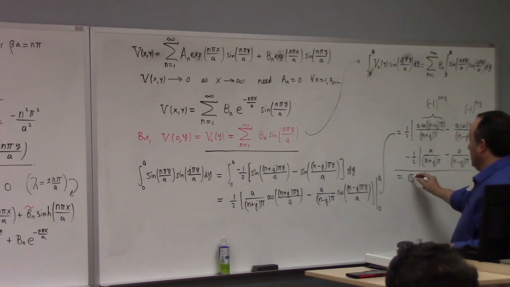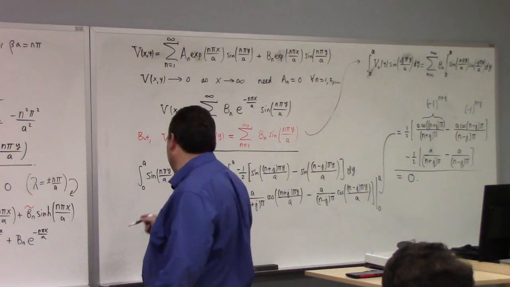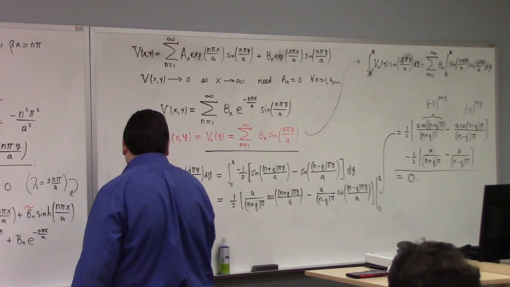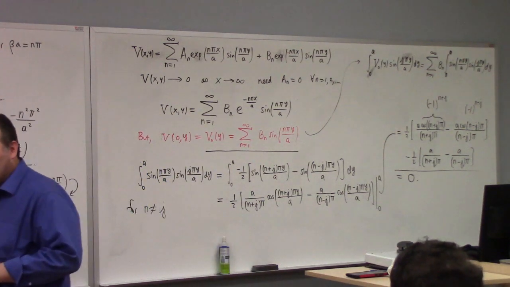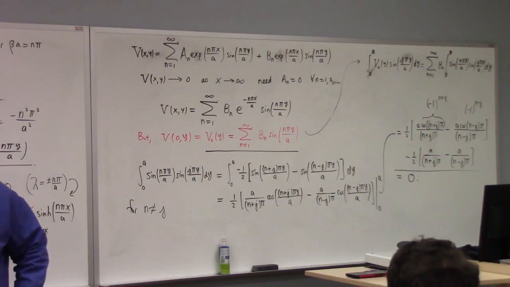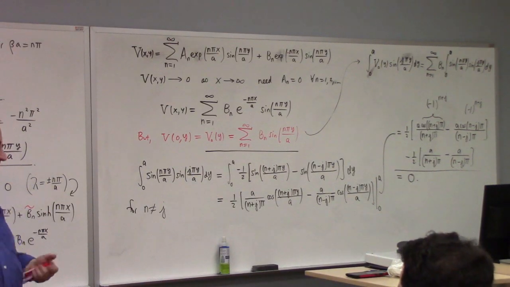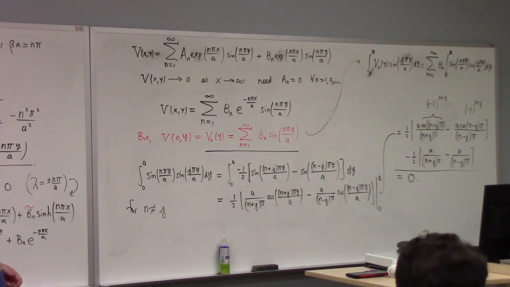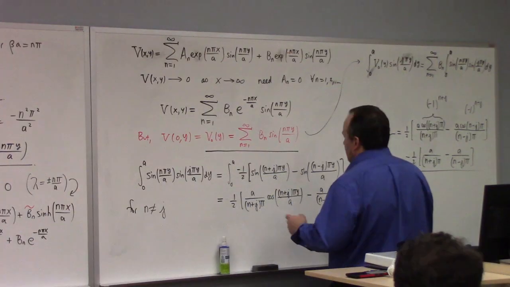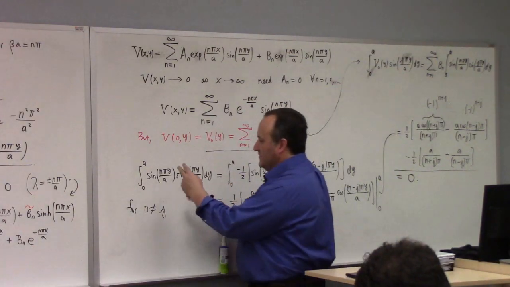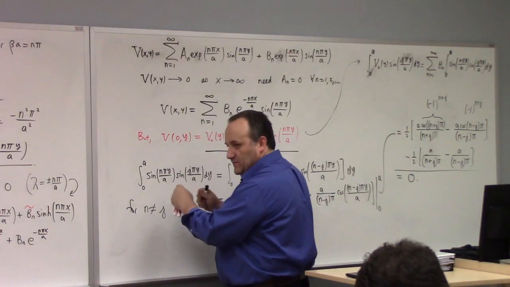Anyway, this is 0, as long as n is not equal to j, because n plus j and n minus j have to both be either even or odd. If we sort through this properly, we can show this is 0, which is to say that sines of different arguments are orthogonal functions.